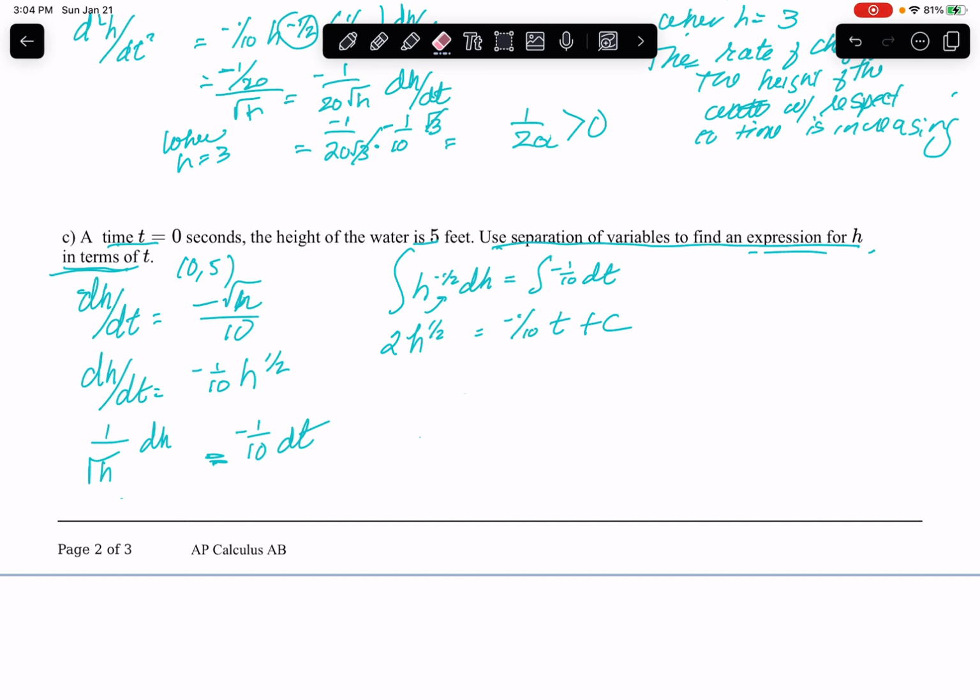So h to the 1/2 is equal to, I'm dividing by 2, so negative 1 over 20 t plus c. Better. Okay, so the square root of 5 is equal to negative 1 over 20 times 0 plus c. So c is equal to the square root of 5.